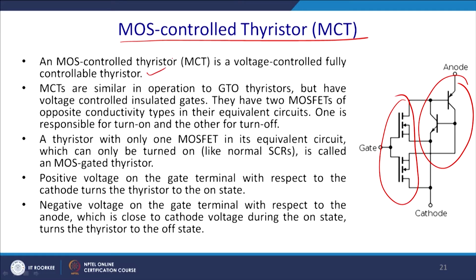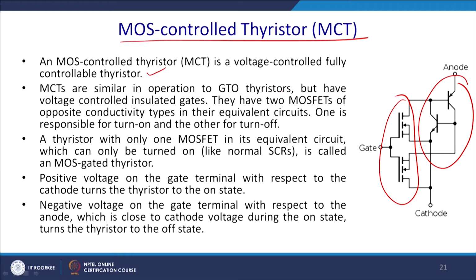It can be turned on and turned off by these MOS devices, but its power rating and power handling capability is very low compared to the IGCT, because the gate driver part is totally MOSFET, so power handling capability is quite low.